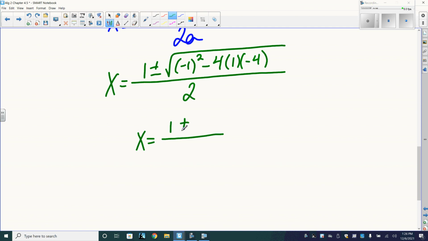We have 1 plus or minus. So again, we want to plug what's inside the radical into the calculator first. We don't want to use the radical just in case it doesn't simplify out, and most likely it won't.